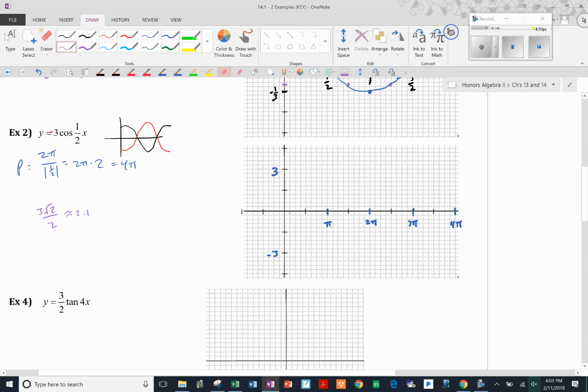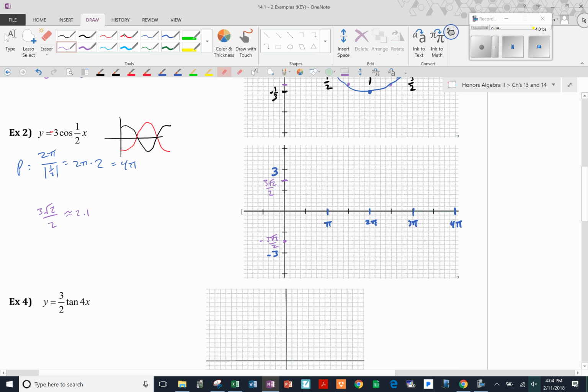But we know that it's going to be about 70% of the way up to that 3, so I'm just going to throw it in about right there. Maybe a little low. But there's 3 square roots of 2 over 2, and negative 3 square roots of 2 over 2 there.